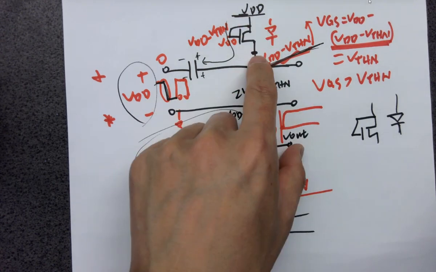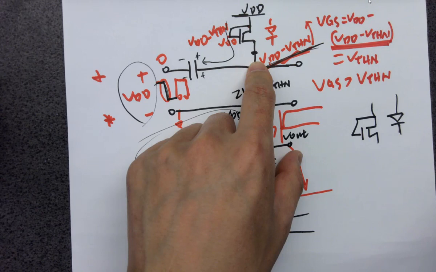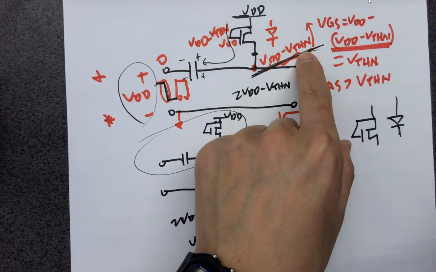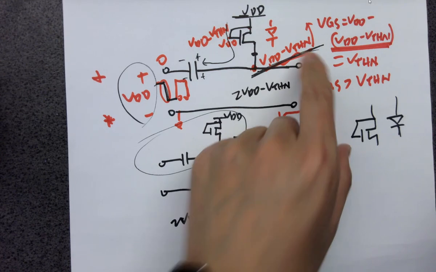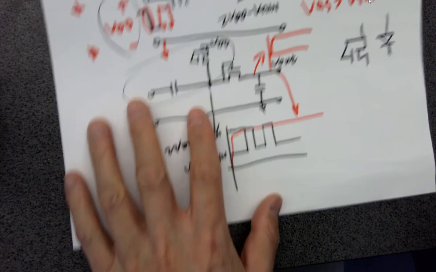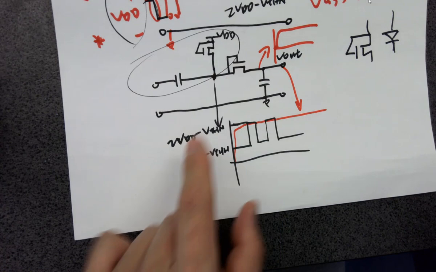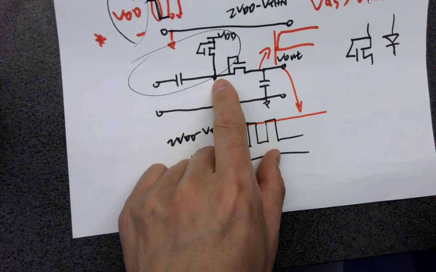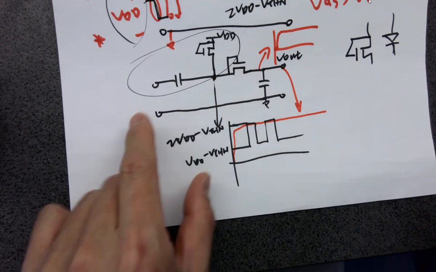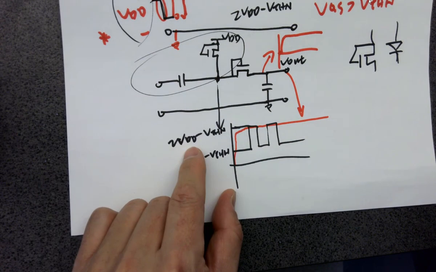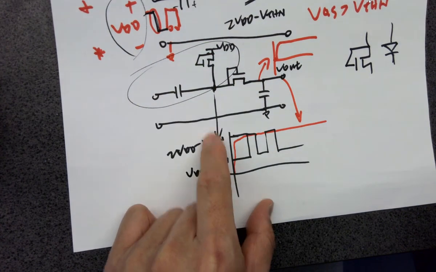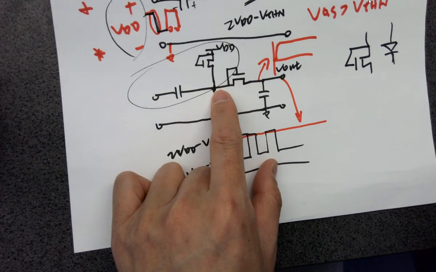Did you get the full VDD? No. You lost the threshold voltage. So it's going to be the same thing here. Even though you got a 2 VDD, you are losing 1 threshold voltage at this point. Because of the charge pump, you are getting 1 more VDD. However, because of the NMOS, you are losing 1 threshold voltage. So that's why this one becomes 2 VDD minus VTHN.